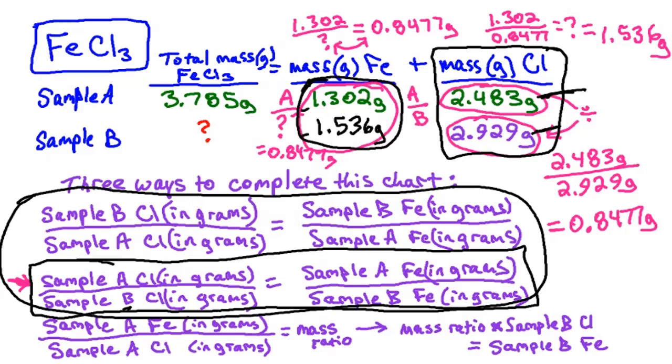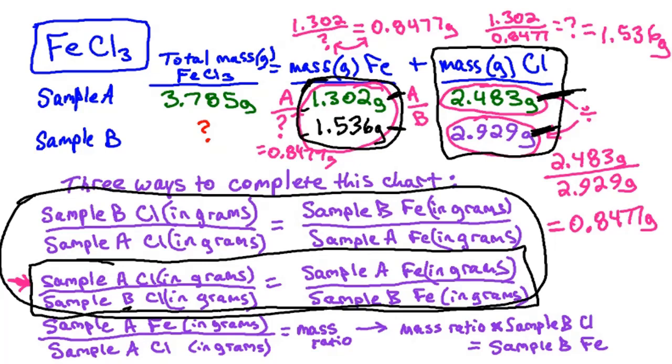If you divide sample B's chlorine by sample A's chlorine, then make sure you do it the same way with iron. Divide sample B by sample A. Just make sure you do it the same way on both columns, and you're fine. So you don't have to remember one way to divide or the other. You can do it either way.